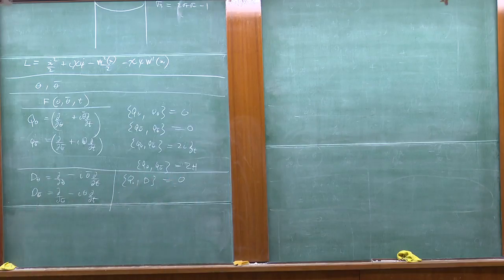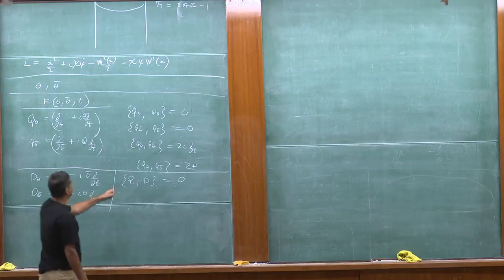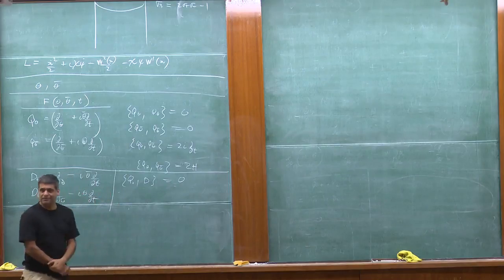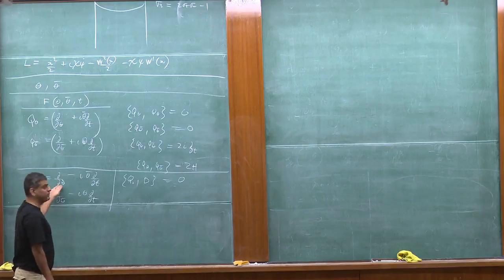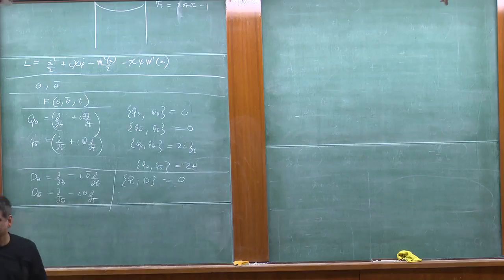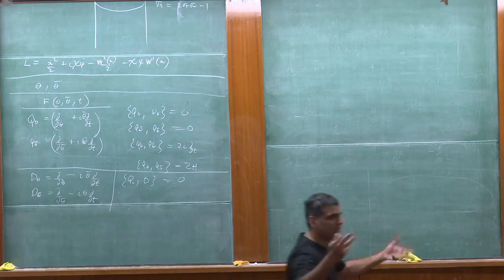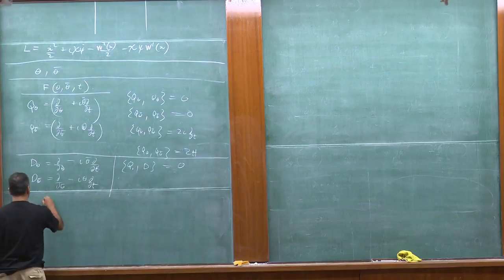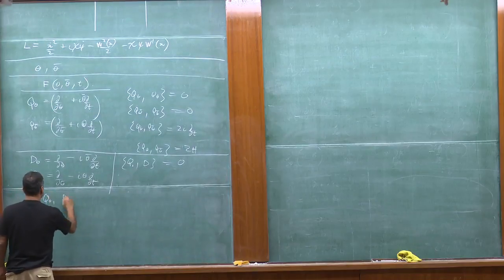Why is that true? First, let's look at Q theta with D theta. Well, that obviously anticommutes because both of them have derivatives only of theta or insertions only of theta bar. So for the same reason that Q commuted with itself, Q and D anticommute, obviously. What about Q with D bar? So let's see, what about Q theta with D theta bar?